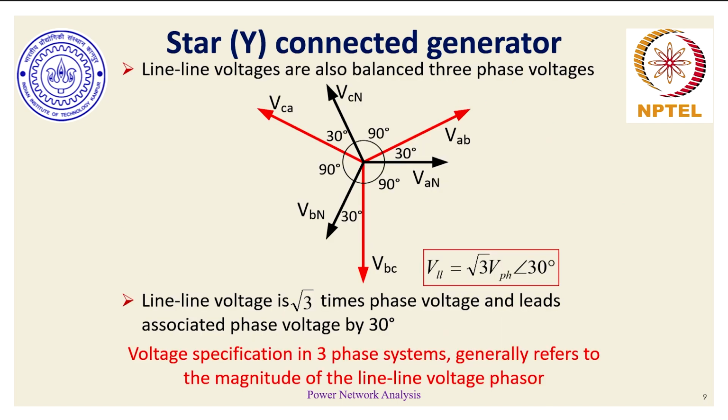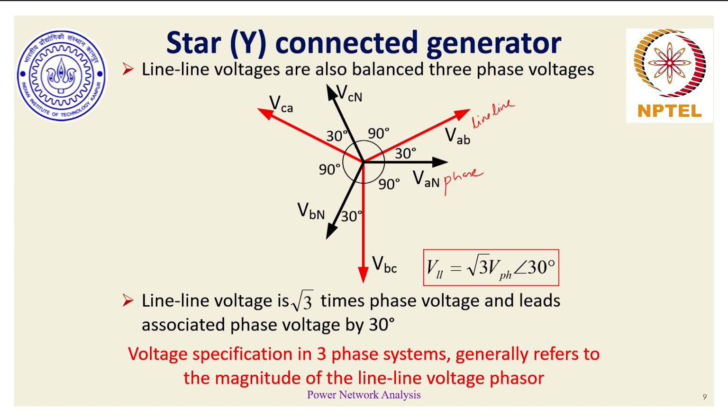So the beauty of the three-phase AC star connection is that the line-to-line voltages also turn out to be balanced three-phase voltages. In this phasor diagram, the ones in black are the phase voltages of the star-connected synchronous generator, whereas the red ones are the line-to-line voltages.